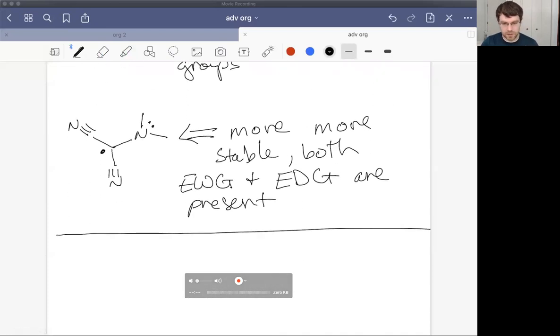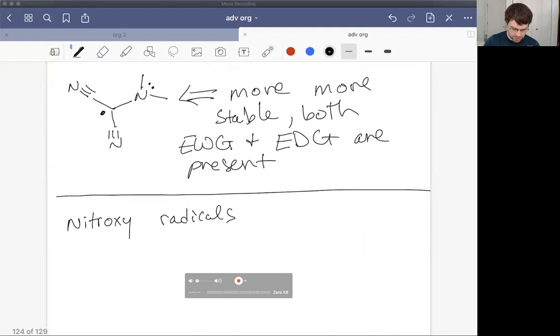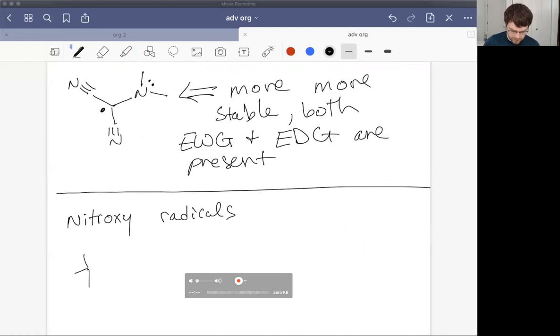Now what I want to move into are some other stable radicals just briefly. So what you can do is you can actually make nitroxyl radicals. Nitroxyl radicals are when you take some sort of nitrogen species and you oxidize it. If you oxidize the nitrogen species, you get to this species.